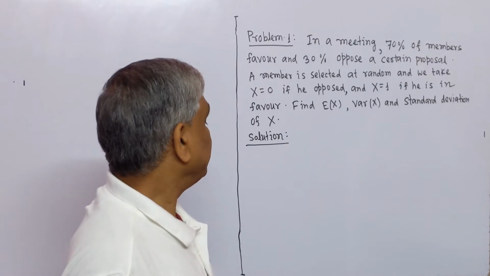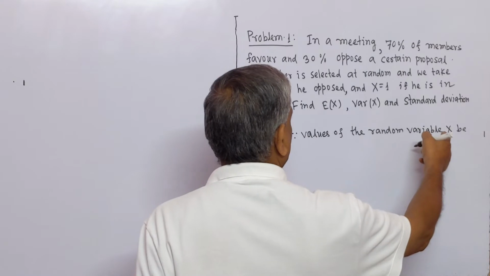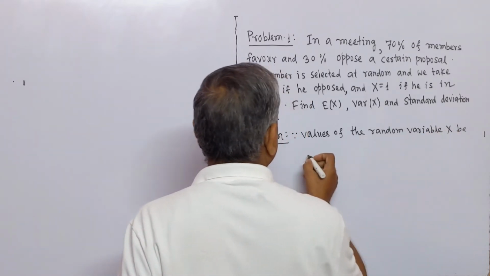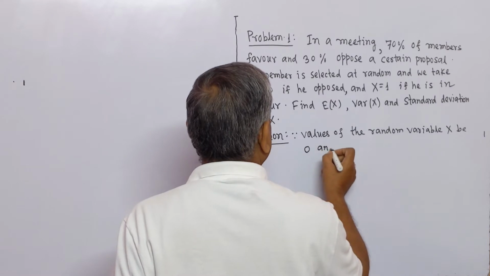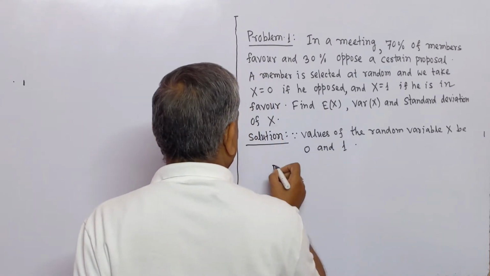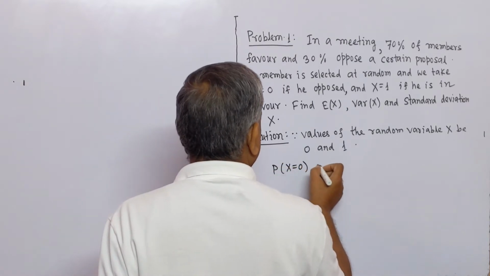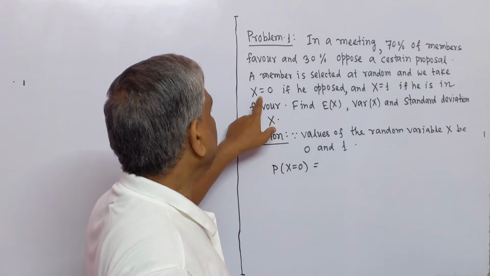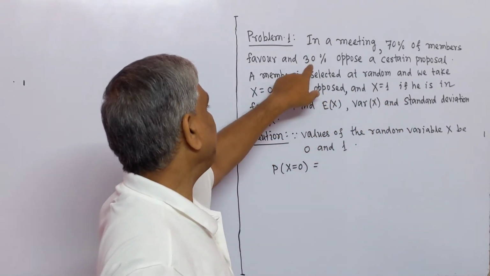Now we solve this. Since values of the random variable capital X are 0 and 1. Now probability for X equal to 0, X equal to 0 means he opposes, is 30%.